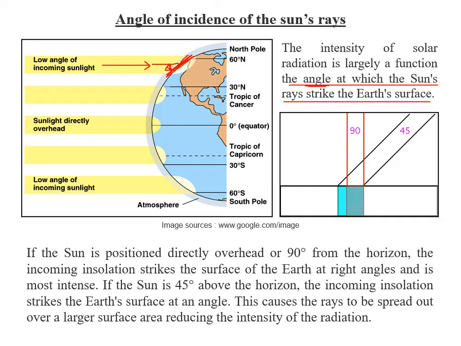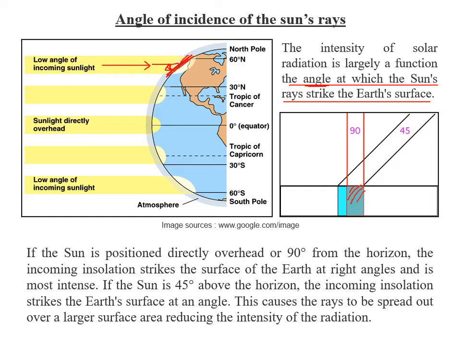How does it happen? When the radiation energy falling on the Earth's surface hits it vertically, that is perpendicularly at 90 degrees, the same energy will cover this much area.